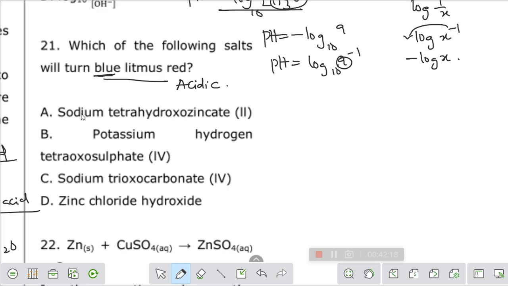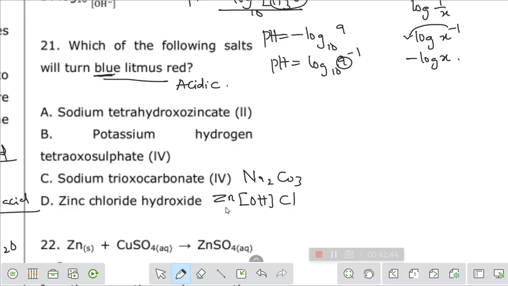Look at this. Sodium trioxonitrate(V) is not acidic. But look at this one. Sodium trioxocarbonate(IV), that is Na2CO3, is not really acidic. Sodium chloride hydroxide, I don't even know that one. Zinc chloride hydroxide, okay, this is it. Zinc chloride hydroxide is Zn(OH)Cl.